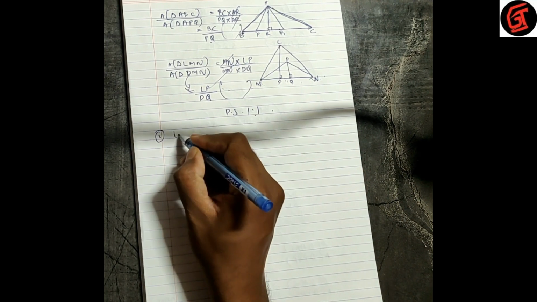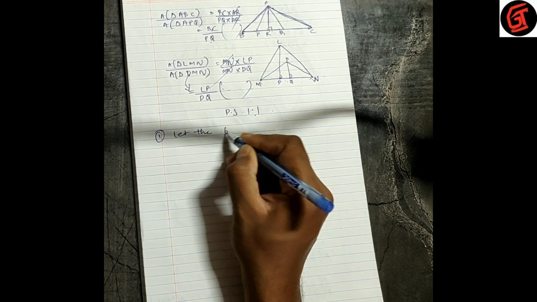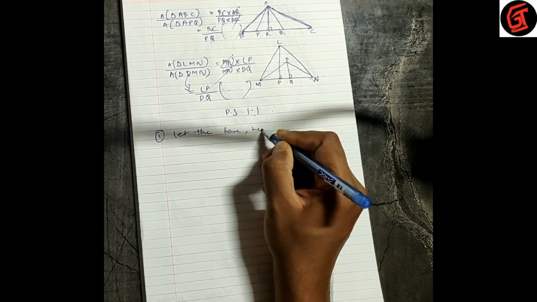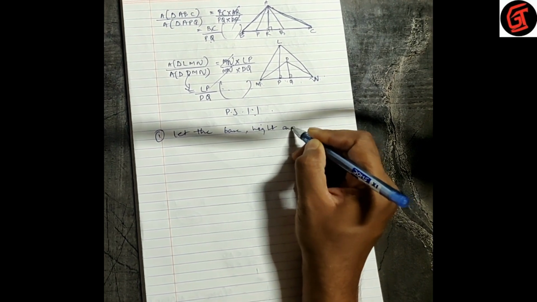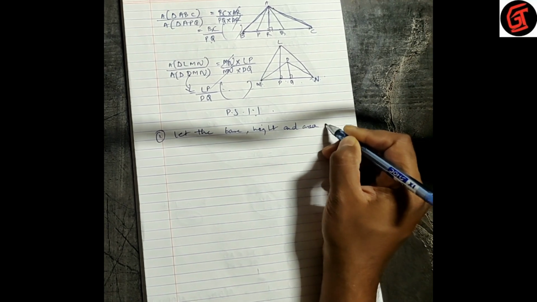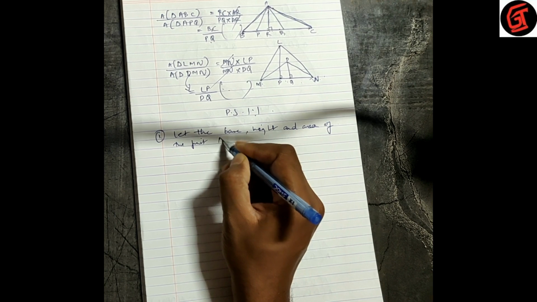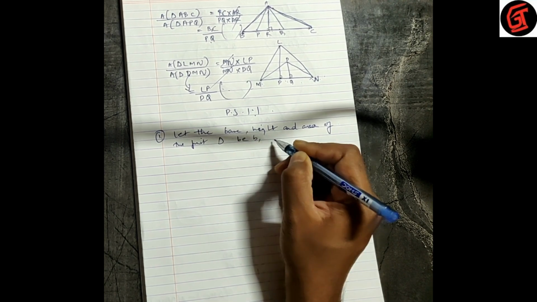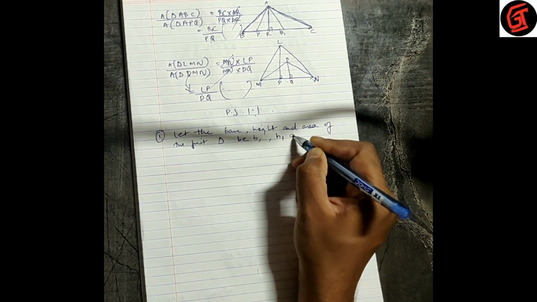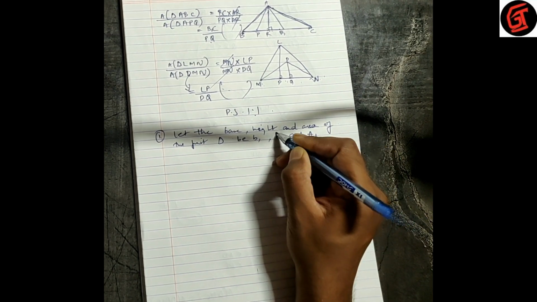Let the base, height and area of the first triangle be B1, H1 and A1.